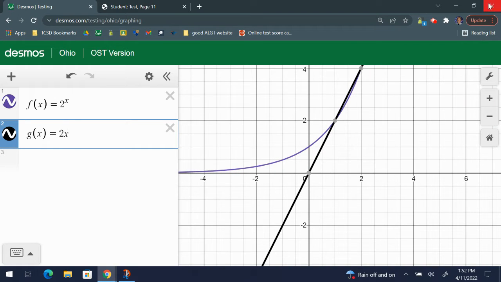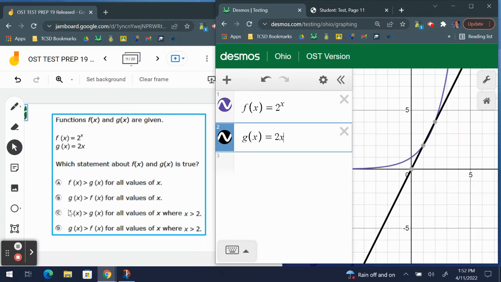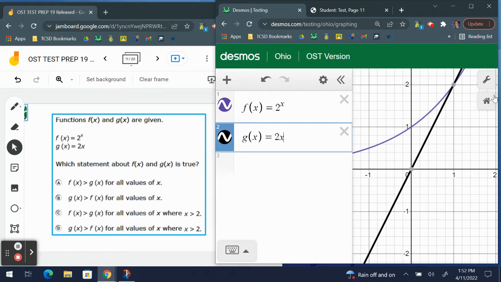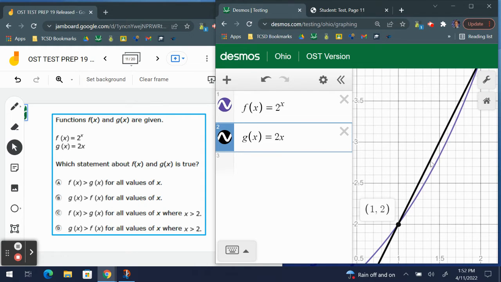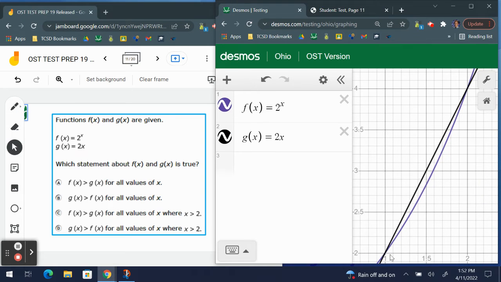So real quick, let's look at our answer choices. It says f of x is greater than g of x for all x values. So that means f of x, purple, is always greater than g of x, which I can show you is not the case. Between these 2 points of intersection, here and here, the black function, g of x, is actually higher.